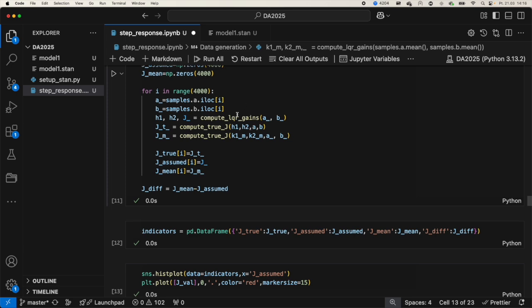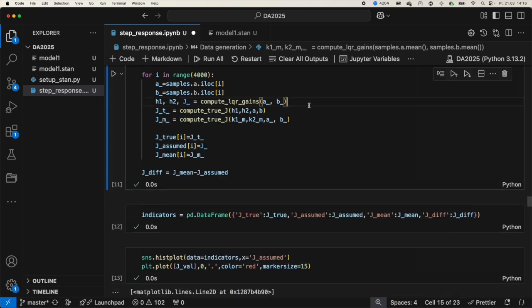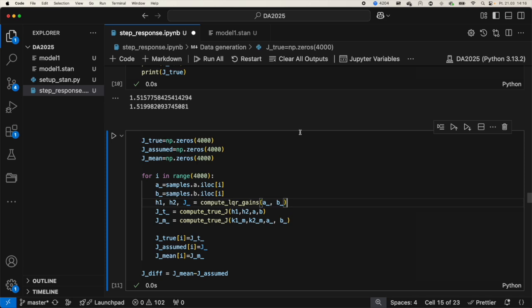And we'll compute the statistical analysis in the case of what is the actual value of the performance indicator depending on what we know about parameters.